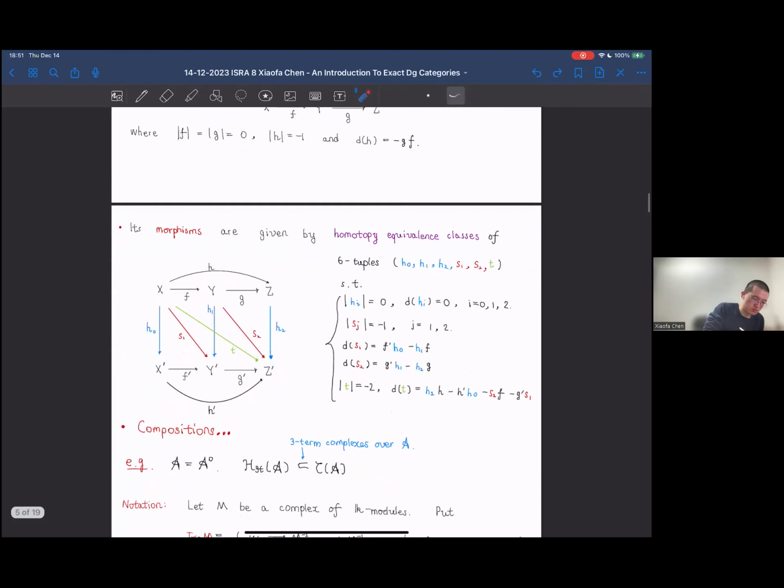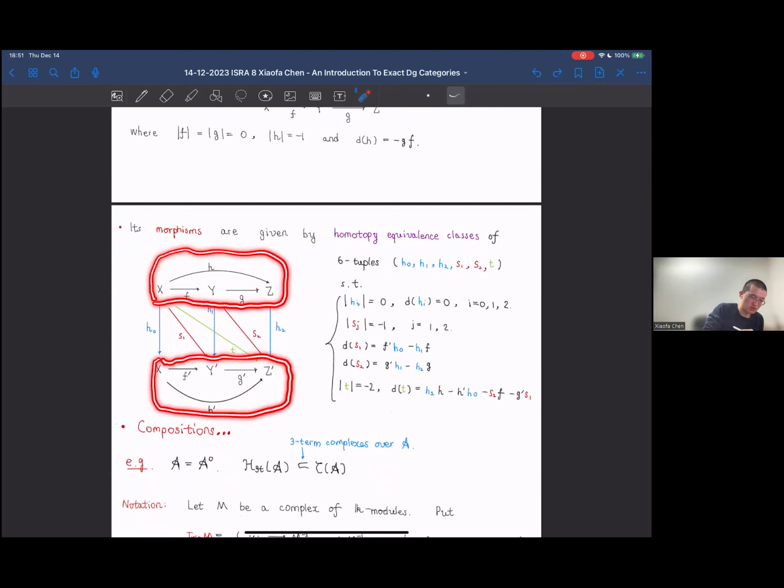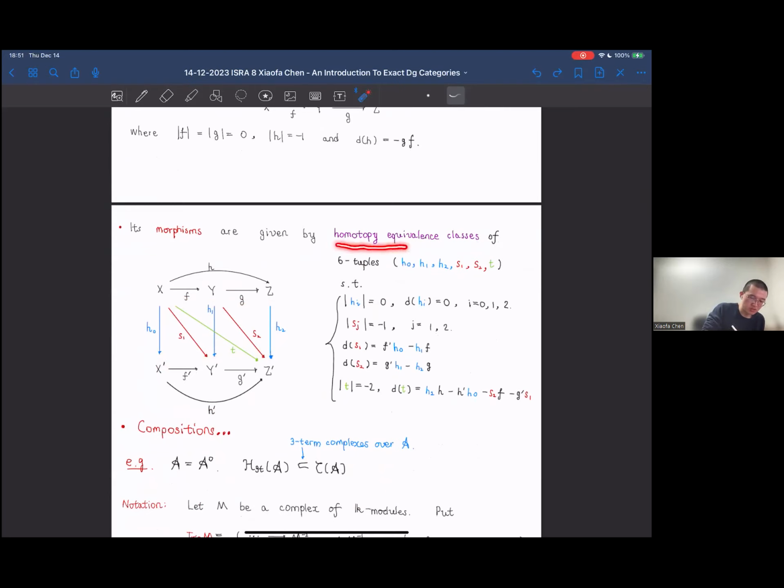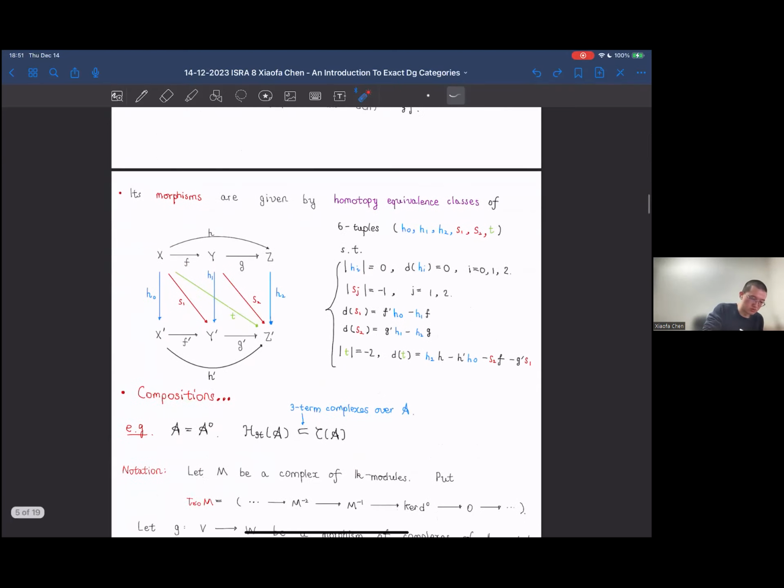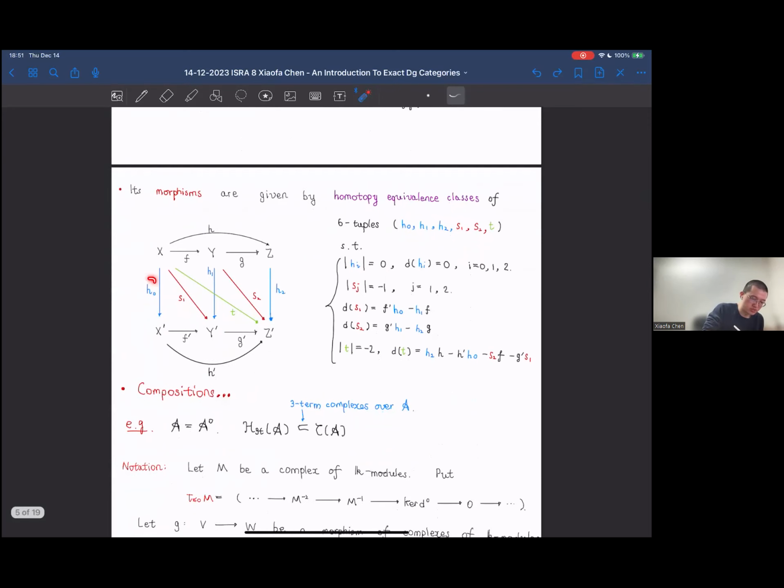So if we have two objects in this category, then these morphisms are given by homotopy equivalence classes of such morphisms, H0, H1, H2, and S1, S2, and T. And here, the morphisms H are of degree 0, morphisms S are of degree -1, and morphism T are of degree -2.